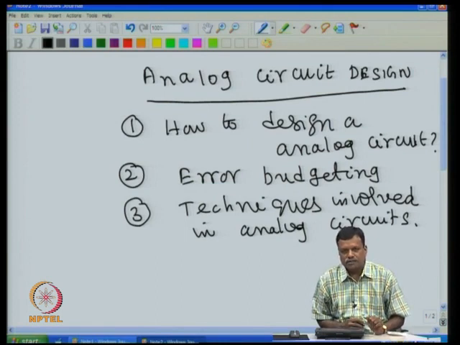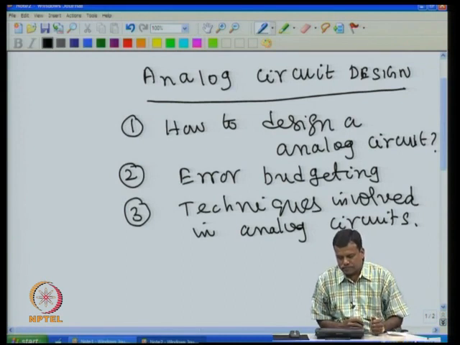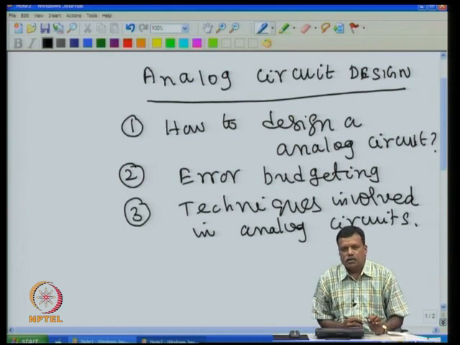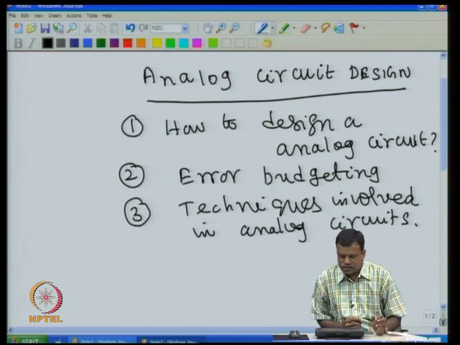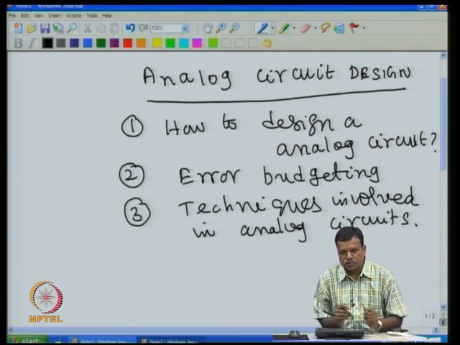Now if you look at analog circuit design, what is involved? It is basically putting together transistors, op amps, resistors, capacitors, diodes and so on, various passive and active components, and making a circuit.